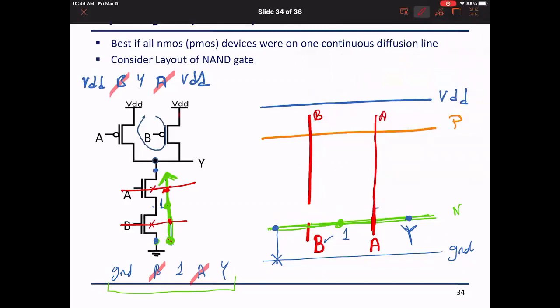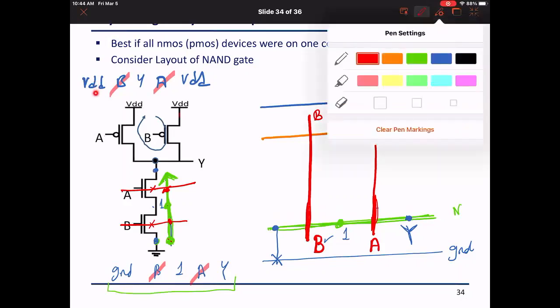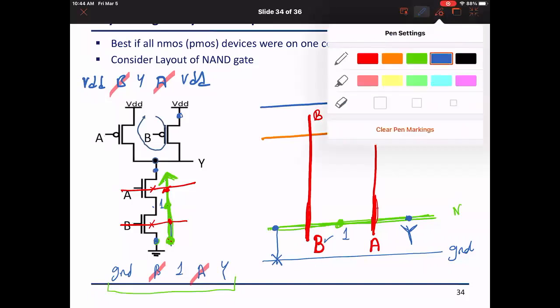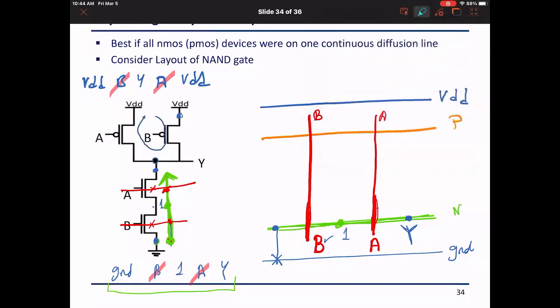Now what do I need to fill in? I need to connect the nodes. I created the two transistors. I need to see how I adhere to this path here. This path is really starting from B, from this node, going to B, going to Y, and so on and so forth. So if I want to make a sketch of where this path is going to go, it's going to go here, right?